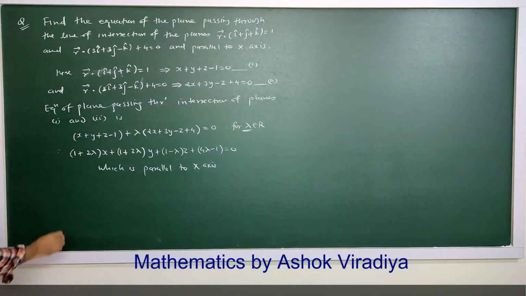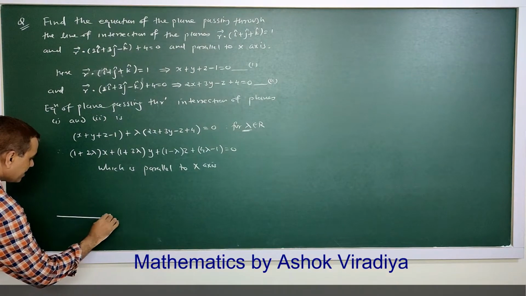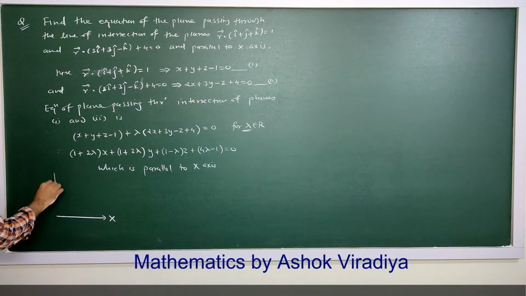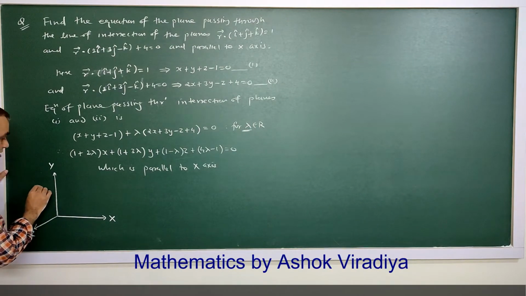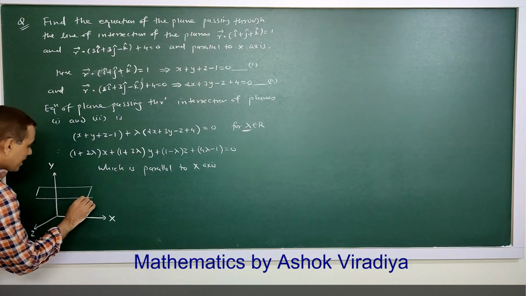Say this is the x-axis, this is the y-axis, this is the z-axis. When a plane is parallel to the x-axis, suppose it may be like this.